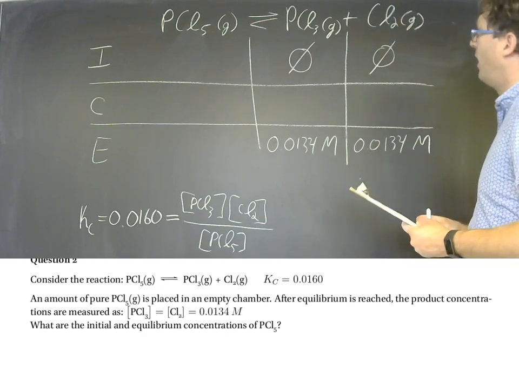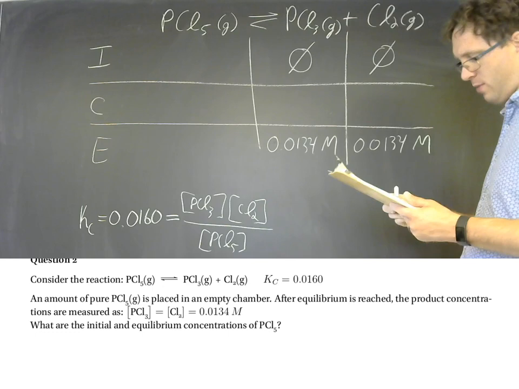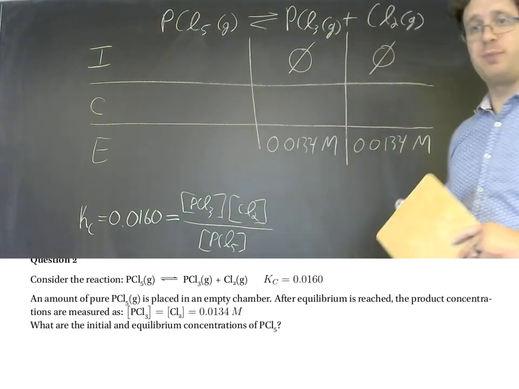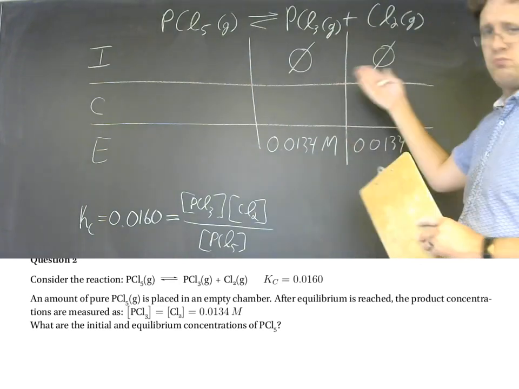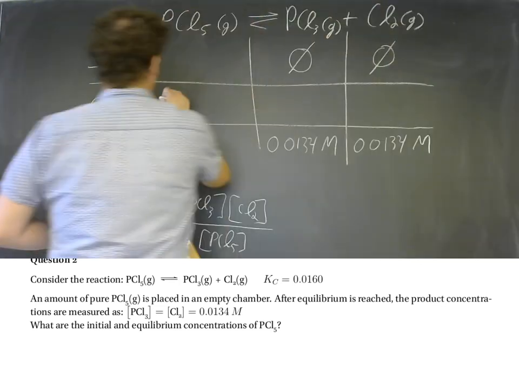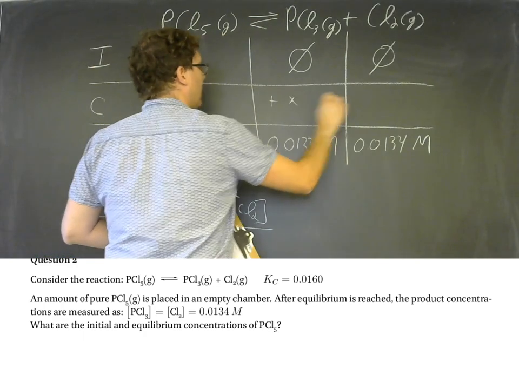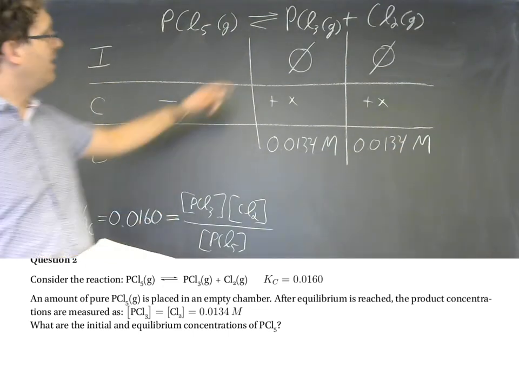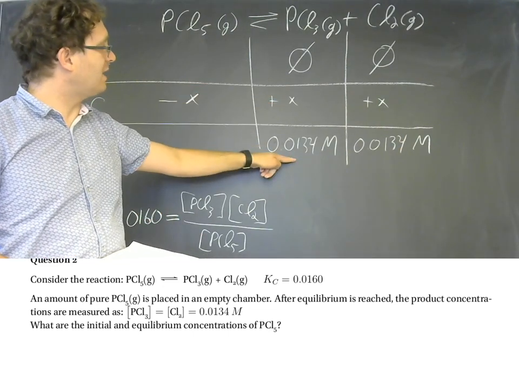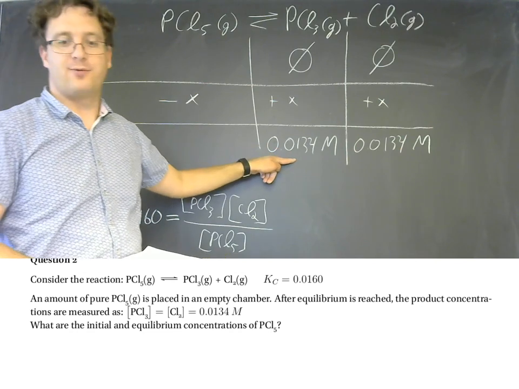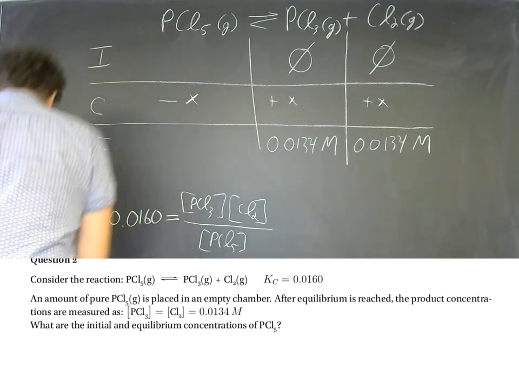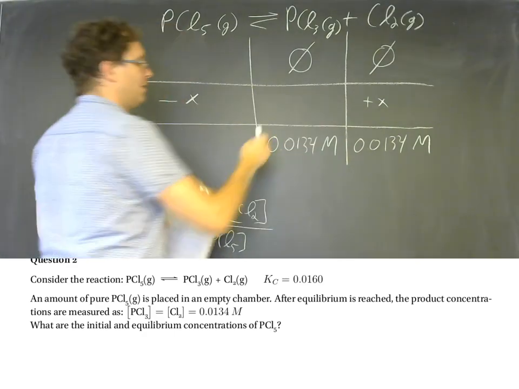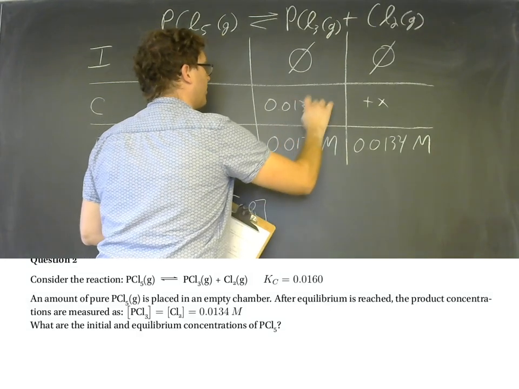Now, how can we use this to solve what we really want, which is to know the initial and equilibrium amounts for PCl5? Well, let's think about how this would usually look. We'd have negative x, and plus x. That much we know. And if 0 plus x equals 0.0134 molar, well, then we know the value of x. X must be 0.0134.